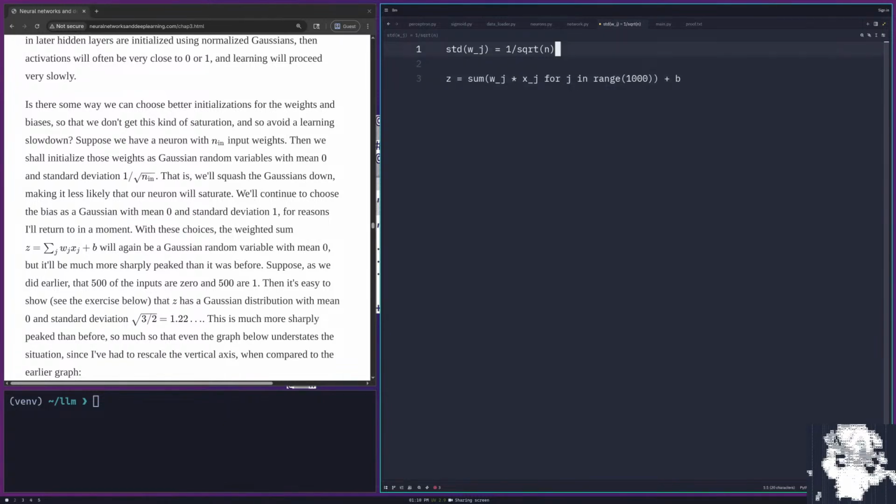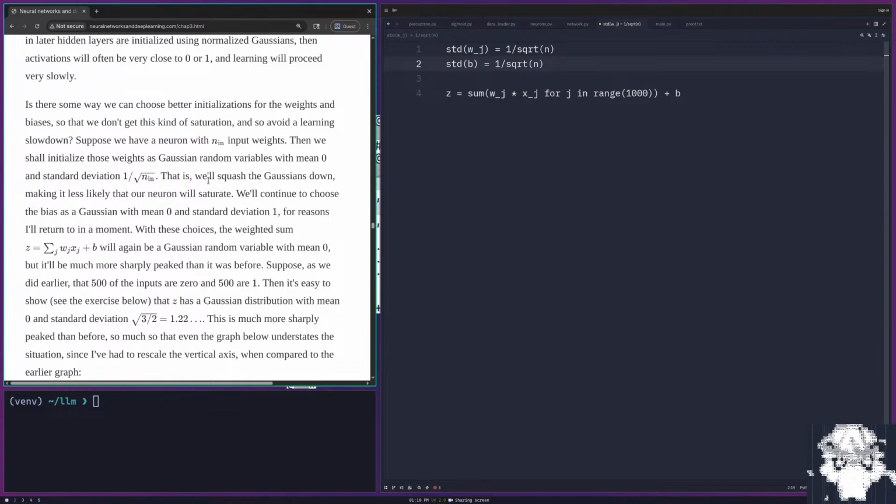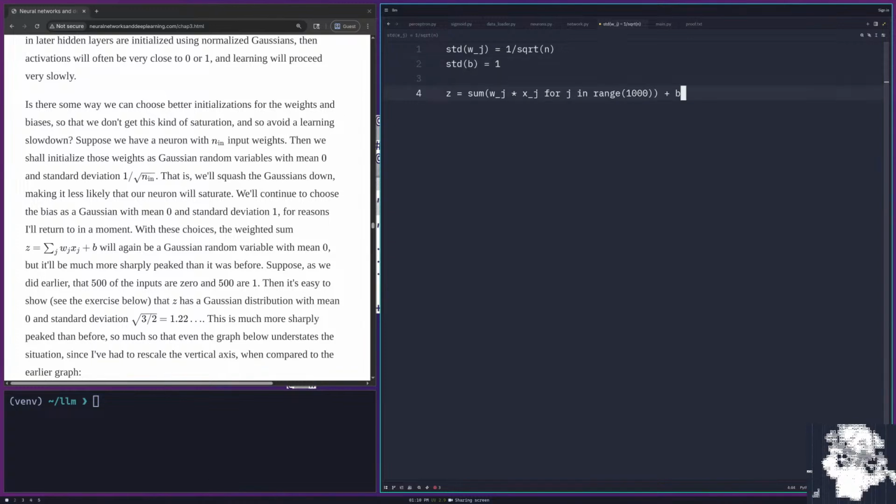The standard deviation of b is the same, I think. Oh, actually, did we even talk about what the standard deviation of b is? Maybe that's where the extra thing comes from. Initialize the weights. Okay, so the standard deviation of b is still just 1.